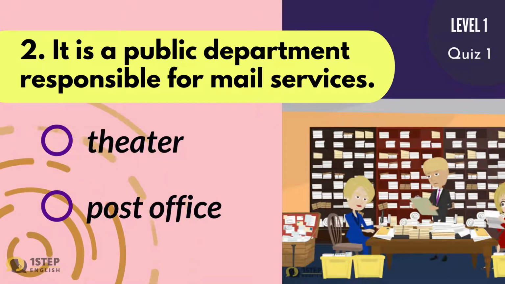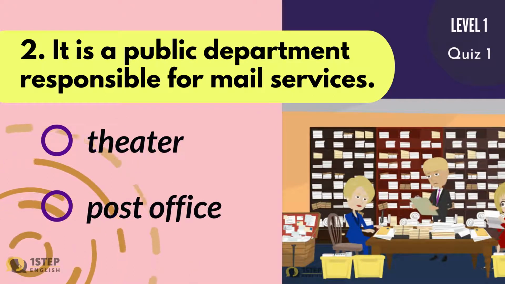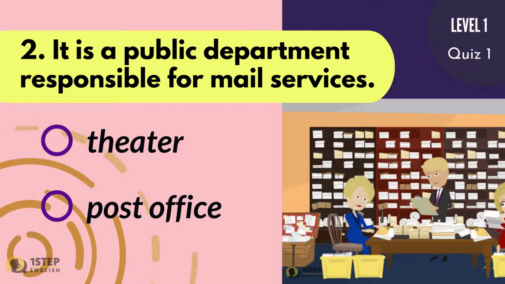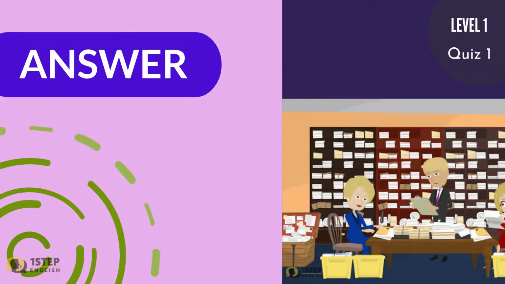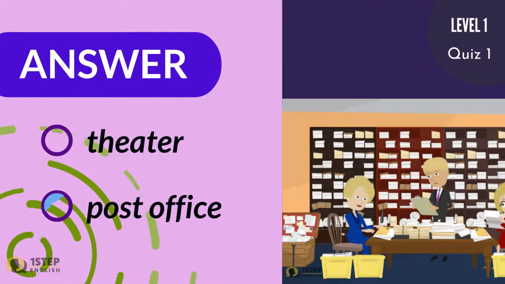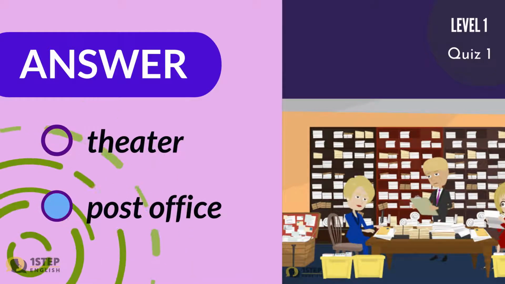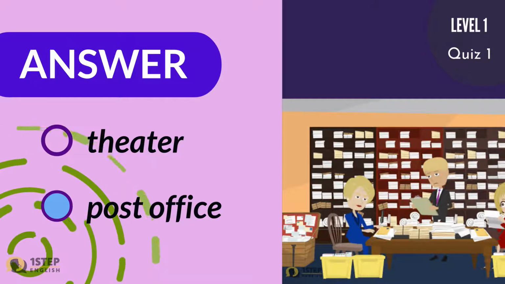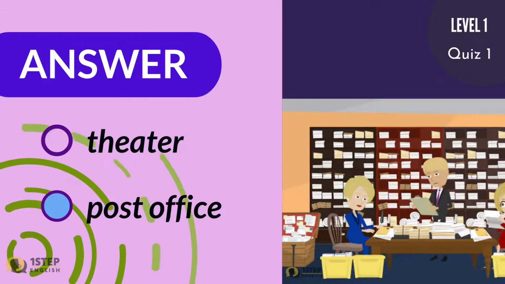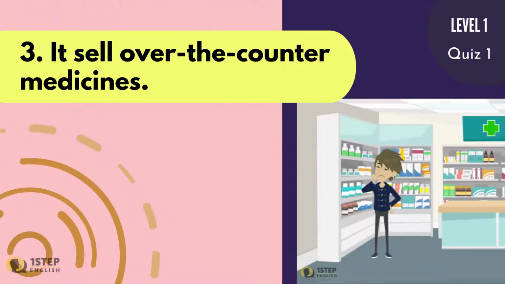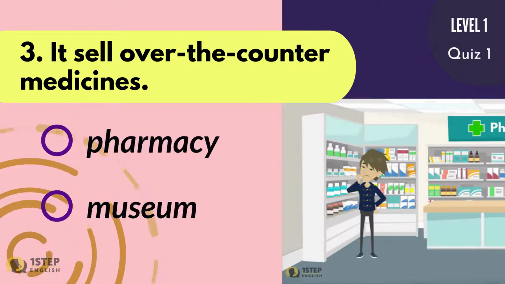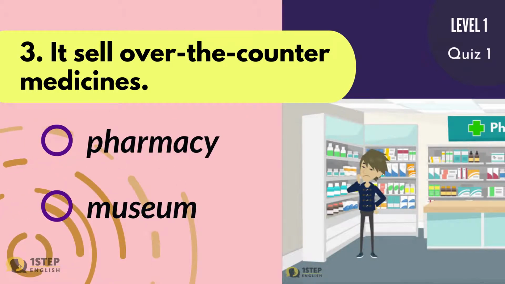Number 2. It is a public department responsible for mail services. The answer is post office. Number 3. It sells over-the-counter medicines.